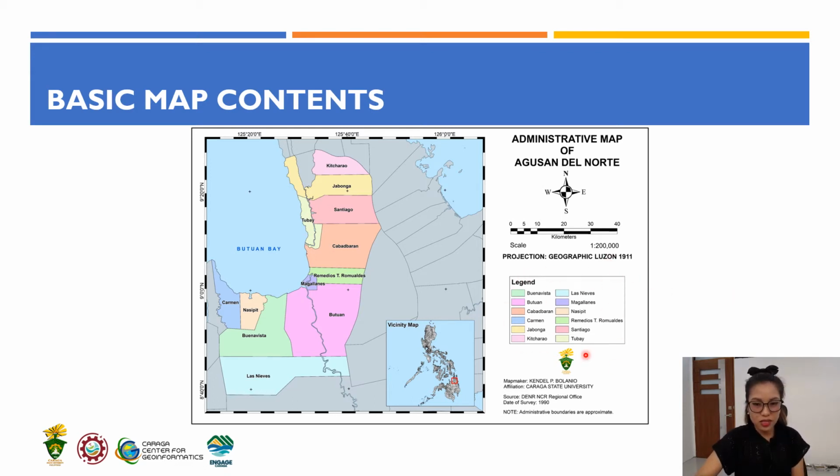Buena Vista, okay, what we see here are the municipalities or cities in Agusan del Norte. So Butuan City, Las Nieves, Buena Vista, etc. These are the supporting contents on the map.